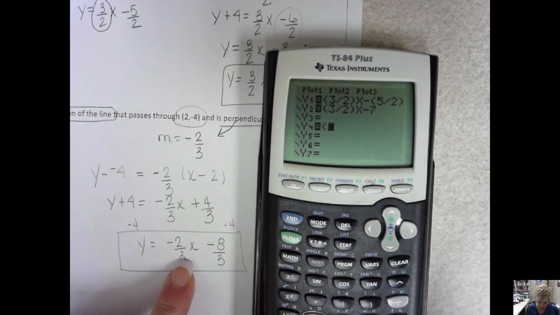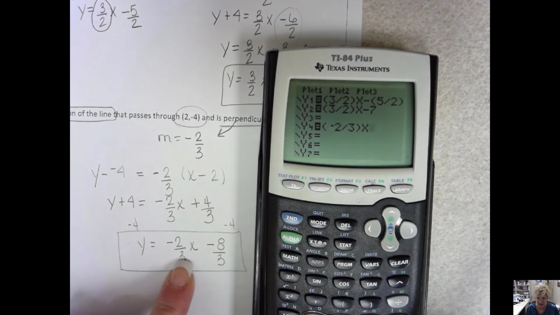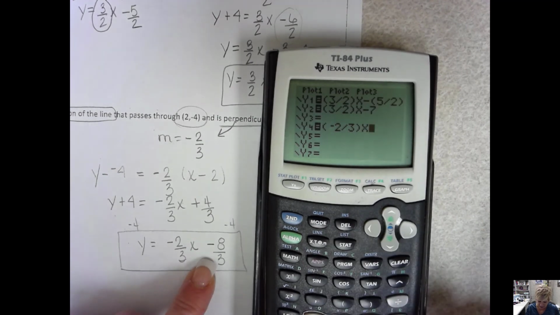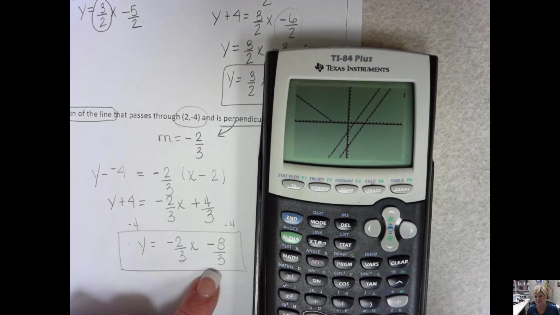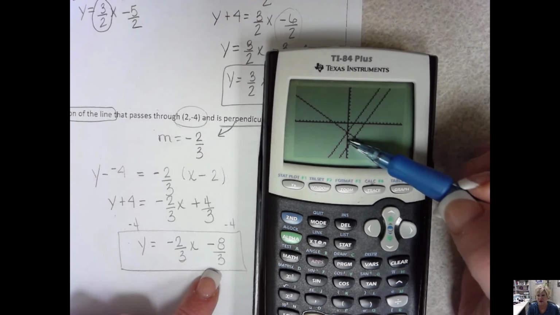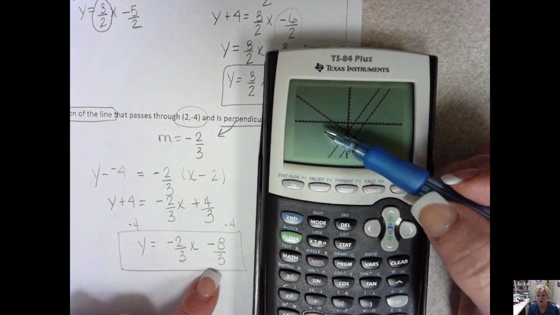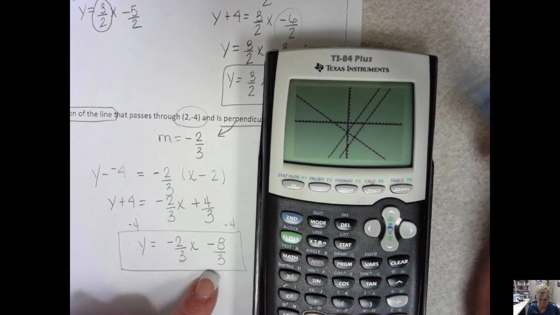Now we have the opposite reciprocal slope, -2/3 x minus 8/3. And let's graph that. And it looks like these are right triangles to me. So that's a perpendicular line with slope opposite reciprocal to a reference line.